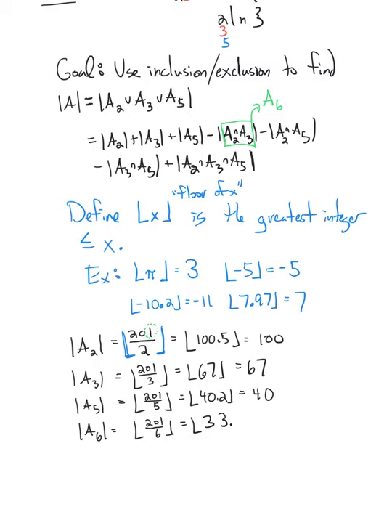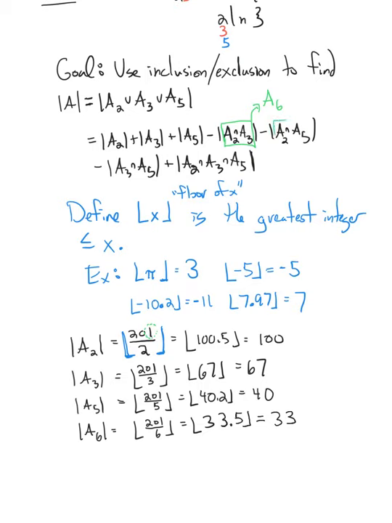Whatever that is, but I think it's 0.6 repeating. Actually, it's 33.5. Whatever it is, it's 33 point something. That's the only important part. So that gets rounded down to 33. There are 33 numbers from 1 to 201 inclusive that are divisible by 6.